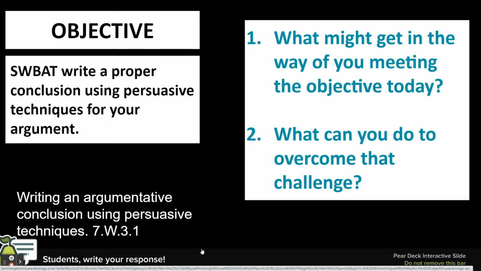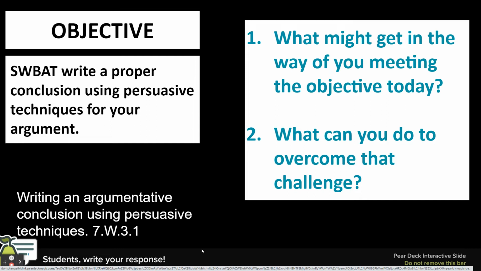Okay, when you look at the objective, writing a proper conclusion using persuasive techniques for your argument, what might get in the way of you meeting the objective today? Do you know what persuasive techniques are? Maybe you are not caught up with your work.